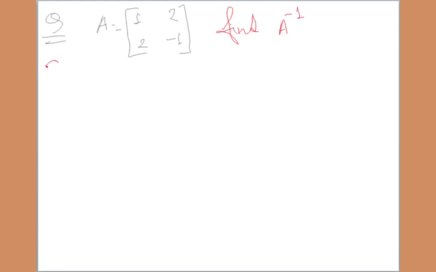Suppose we have to find the inverse of a matrix. The given matrix is a 2 by 2 matrix: 1, 2, 2, minus 1. Find A inverse.